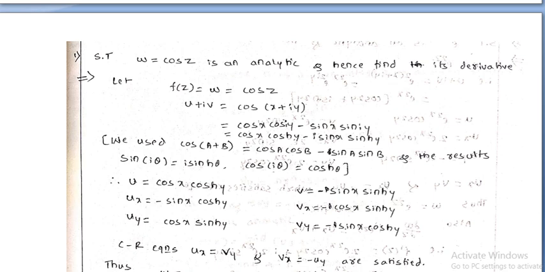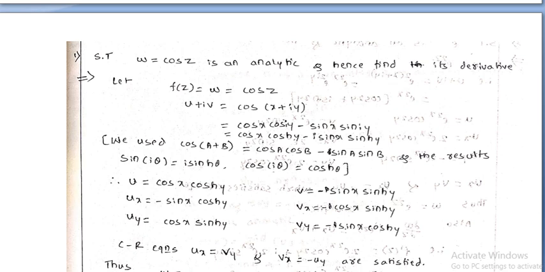Now differentiate u with respect to x and y partially, and v with respect to x and y partially. First, differentiating u with respect to x: the differentiation of cos x is minus sin x, and cosh y is constant.